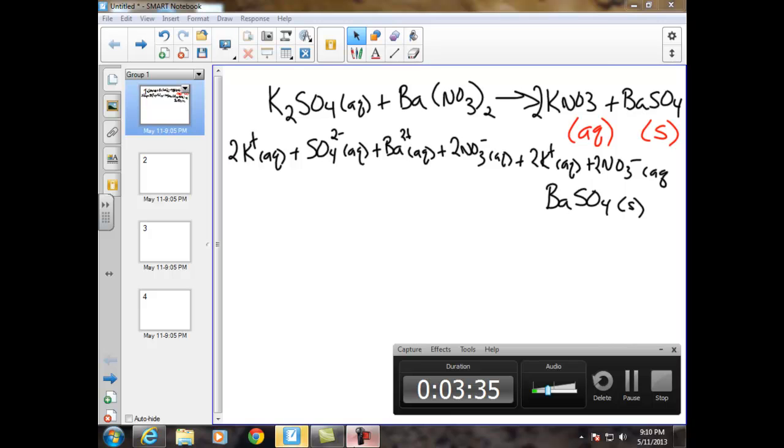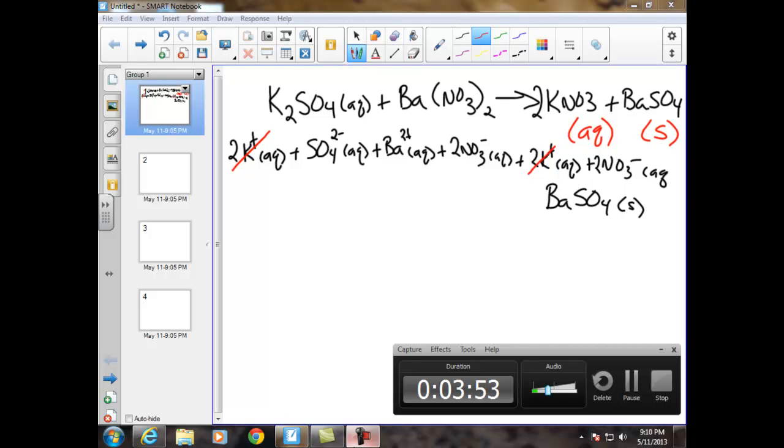Now we go through and we figure out what we call our spectator ions. That is, what's on both sides of the equation that haven't done anything. Well, Ba and SO4 did something. They combined. I got 2 potassium ions on that side, and I got 2 potassium ions on that side. So they obviously haven't combined with anything.